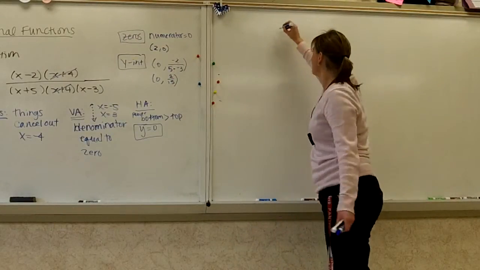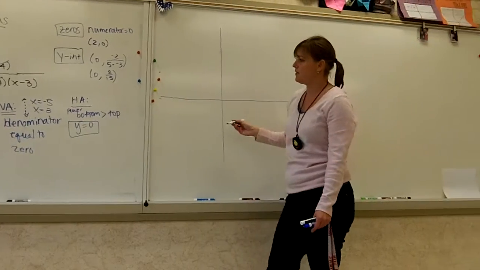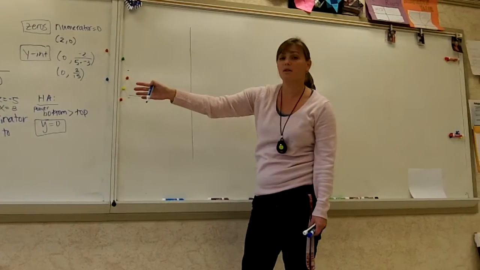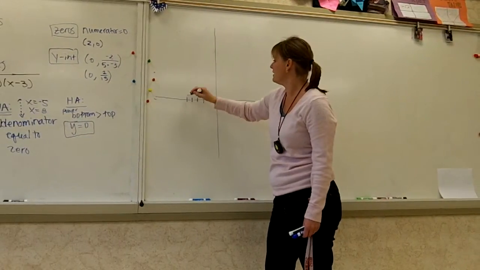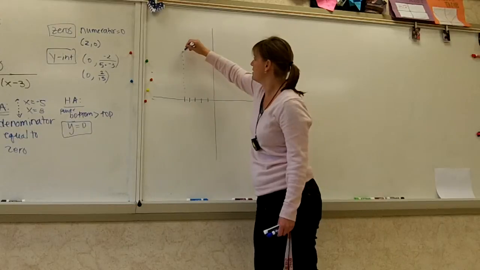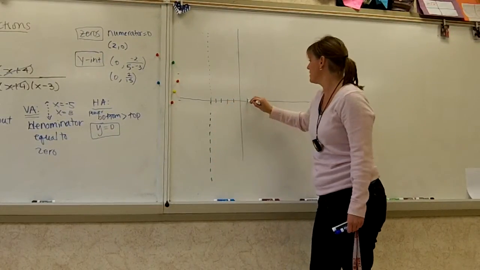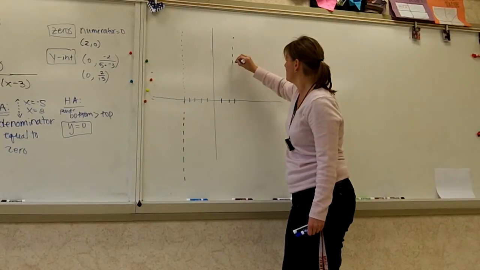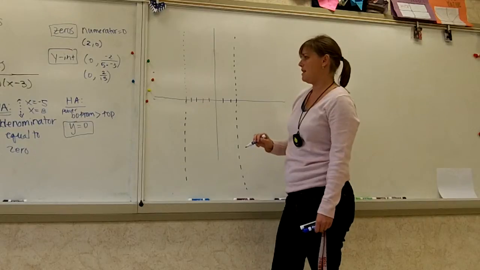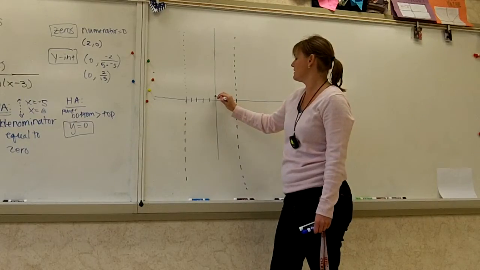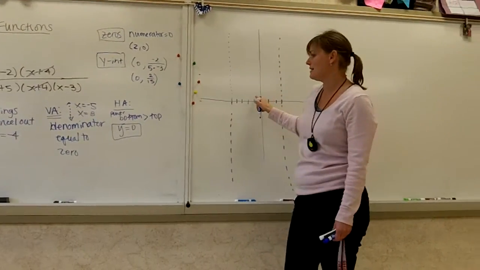So then it's just a matter of putting all of this stuff on a graph. I'm not going to worry about the hole until the end. So -5 is one vertical asymptote, and +3 is the other. Right here is where the y-intercept is, so I'm going to be crossing the y-axis there.